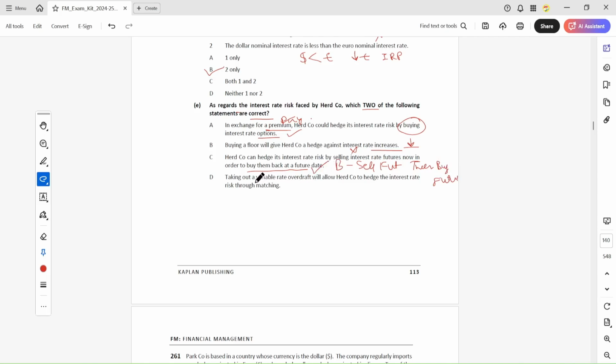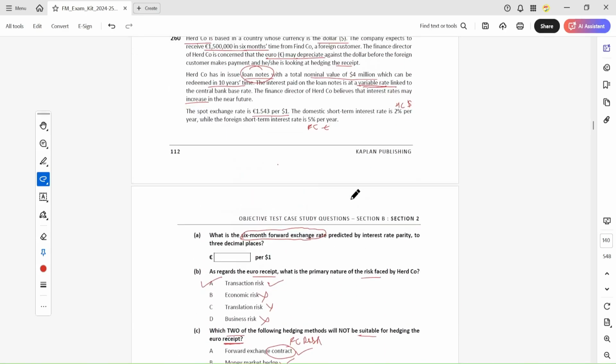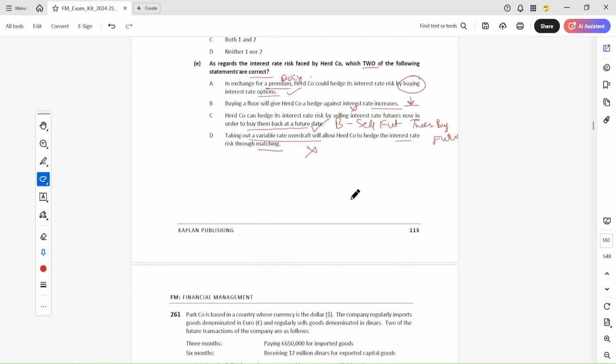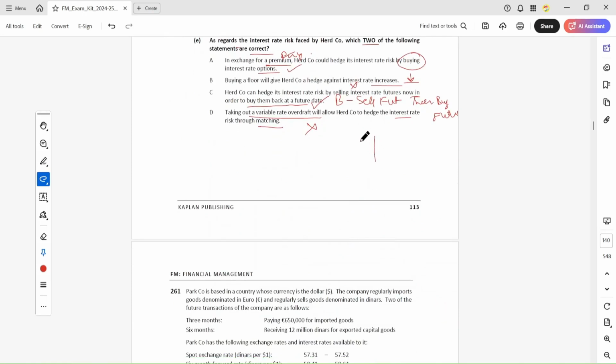Taking a variable rate overdraft will allow Hard company interest rate matching. No, this is not correct. Why? Because right now we have a variable rate loan.